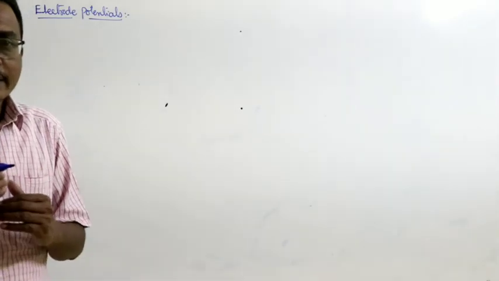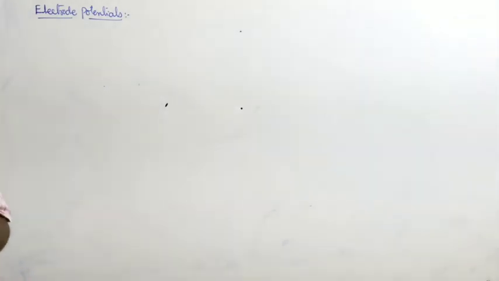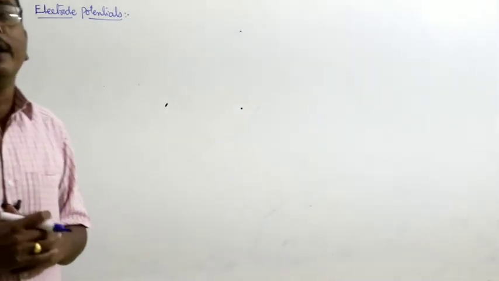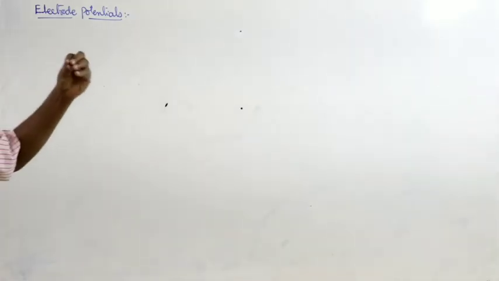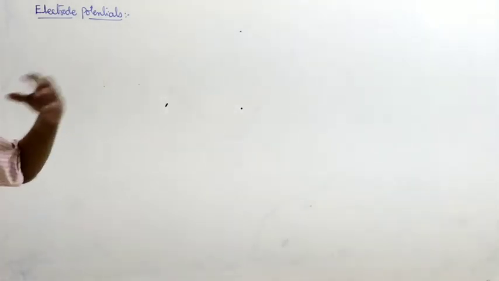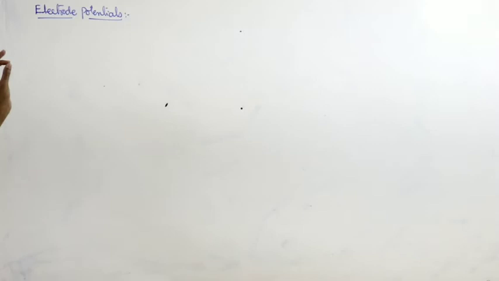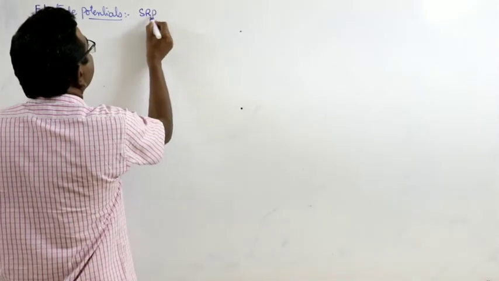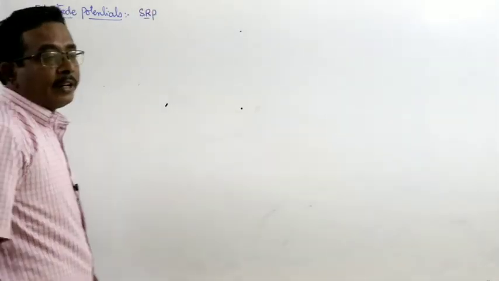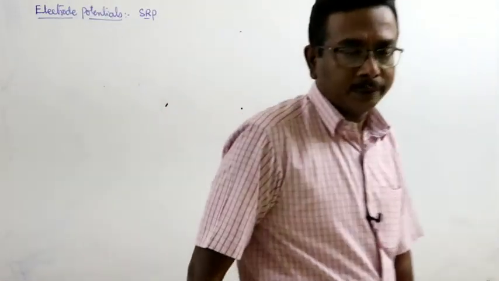And in the introduction of the D block, there is an important aspect left behind, that is electrode potential. This is also represented as SRPs, standard reduction potentials. Okay.